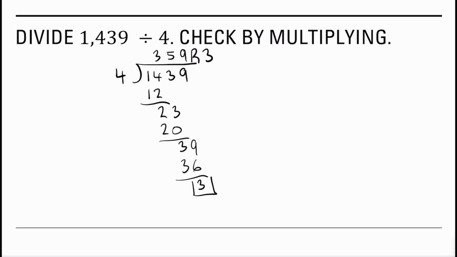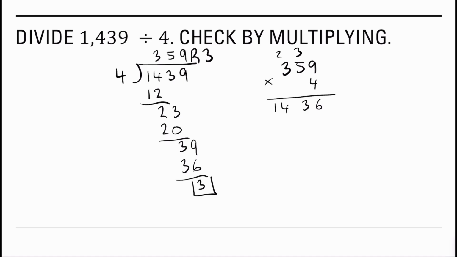When we're checking by multiplying, the way that we do this is the exact same, but we have to remember to add back that remainder. So if I set this up as 359, we don't write R3 here. We multiply by the divisor. So we get 4 times 9, 36. 4 times 5 is 20, plus 3, 23. 4 times 3 is 12, plus 2 is 14.